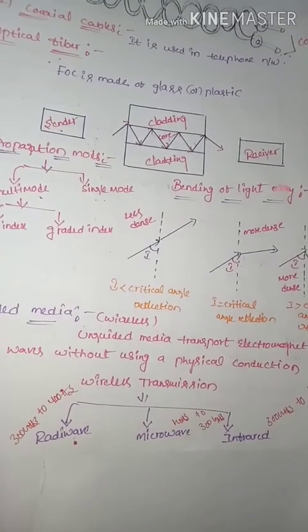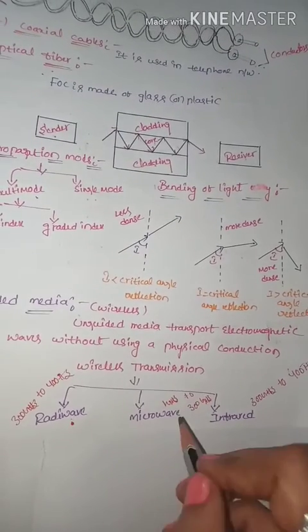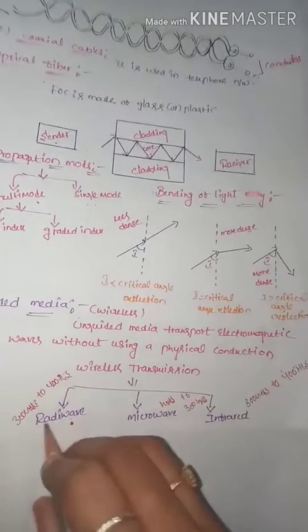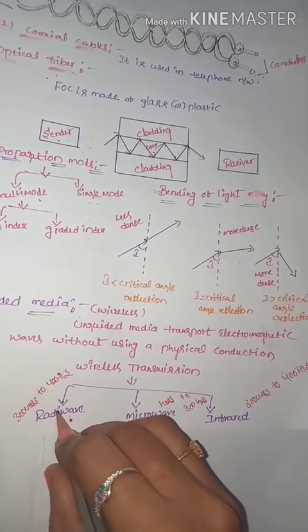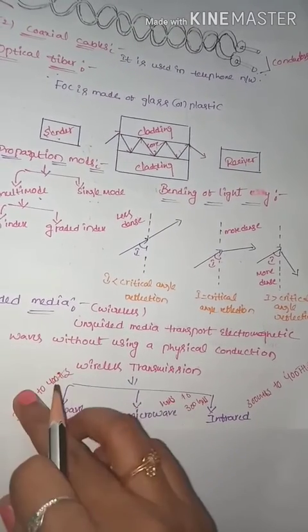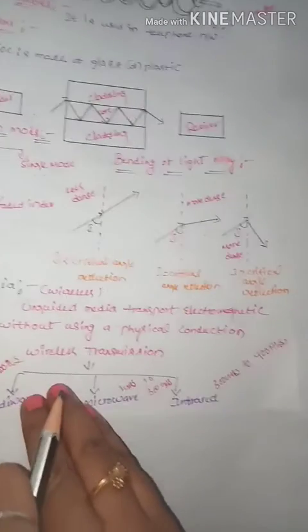Wireless transmission is divided into three categories: radio waves, microwaves, and infrared rays. Electromagnetic waves with frequencies between 3 kilohertz and 1 gigahertz are normally called radio waves.